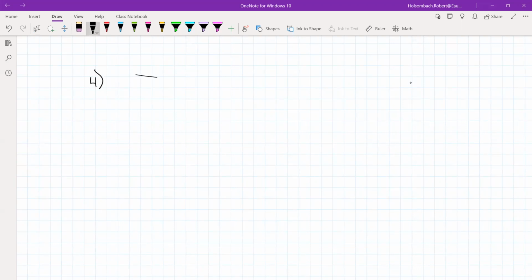Number 4, we've got another right triangle. And we're looking for an angle measure. We're given the hypotenuse at 17, and the side opposite the x is 7.